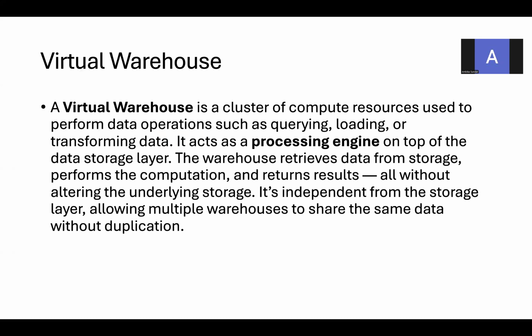The warehouse retrieves the data from the storage, performs a computation, and returns the results, all without altering the underlying storage. So what exactly it is doing is the warehouse retrieves the data from the storage, performs a computation inside the warehouse, and returns the results.